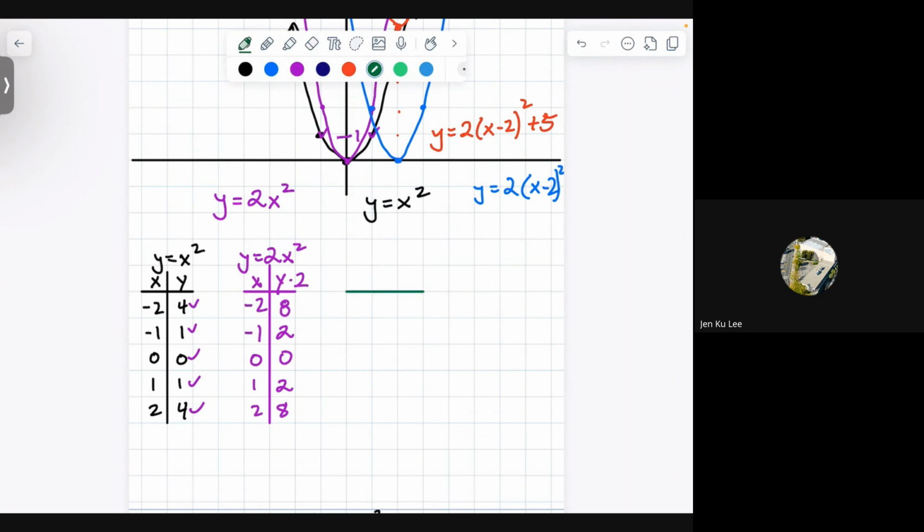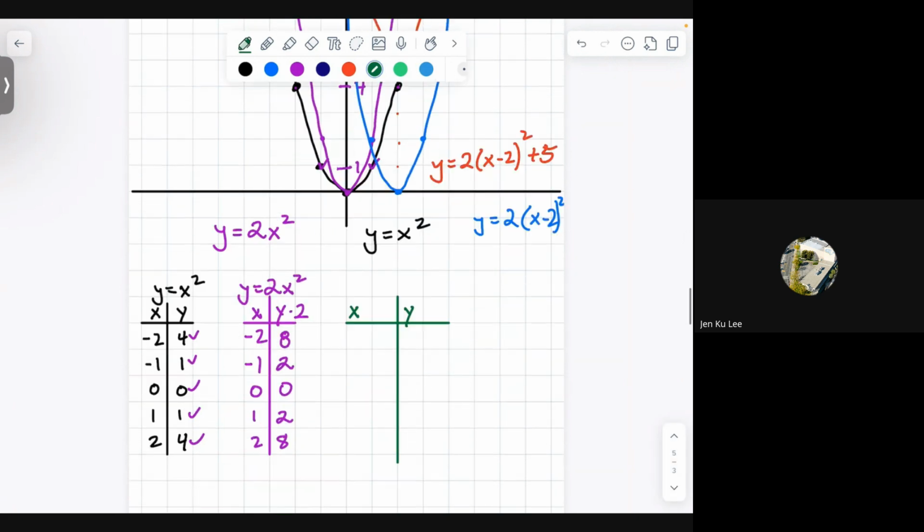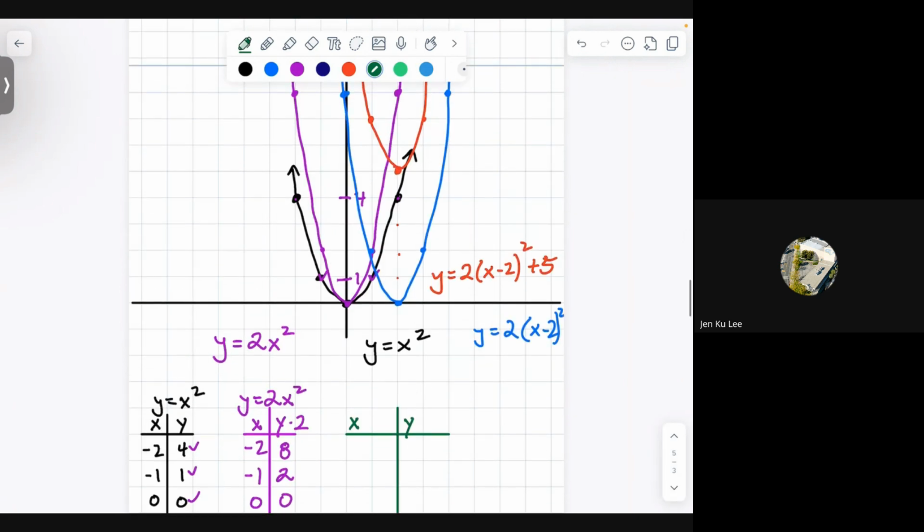And for the shifts, I'm going to do it together, meaning x and y. The 2 shifts here, I'm going to do them all together in 1. So I'm going to move it to the right 2, up 5. If I move my graph to the right 2 units, my x value grew by 2.